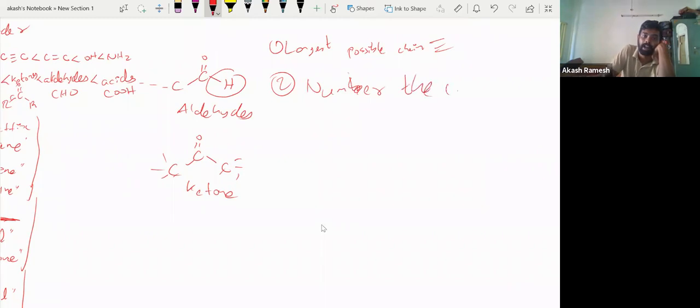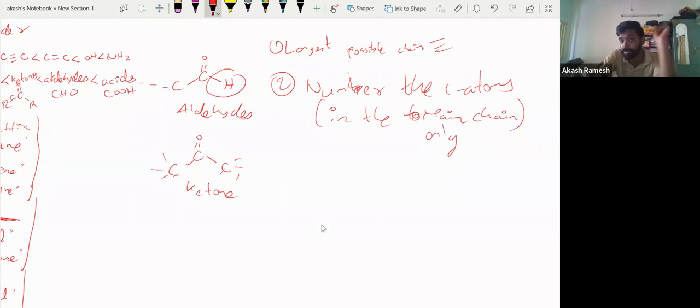Number the carbon atoms in the longest possible chain, the main chain only. You should not number the carbon atoms that are there in the branches. Once you identify the longest possible chain, you number the carbon atoms 1, 2, 3, 4, 5, whatever it is.